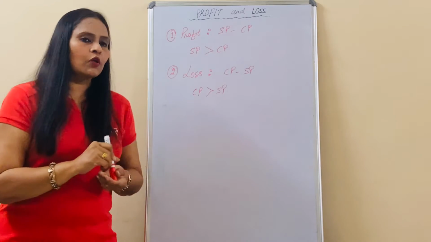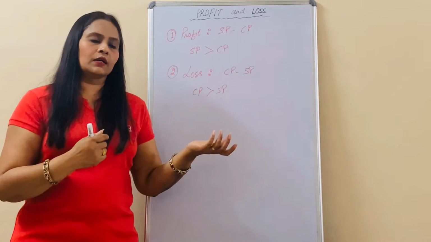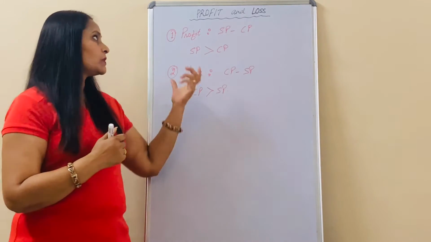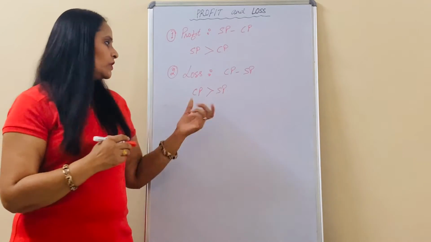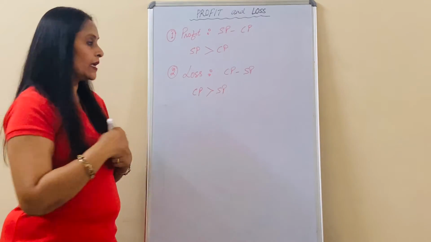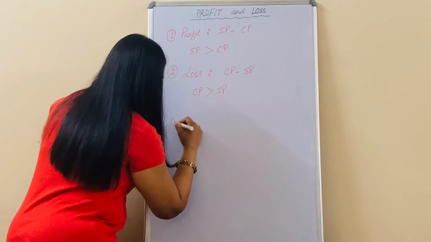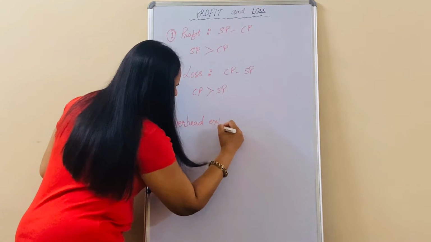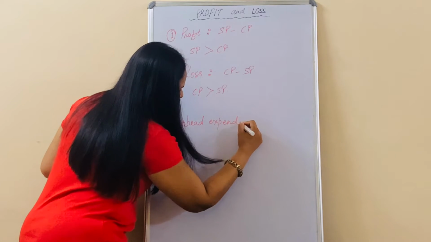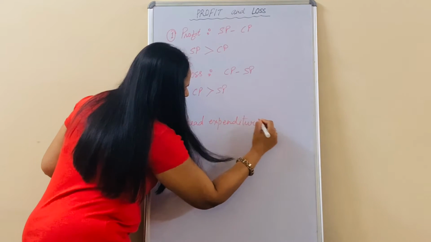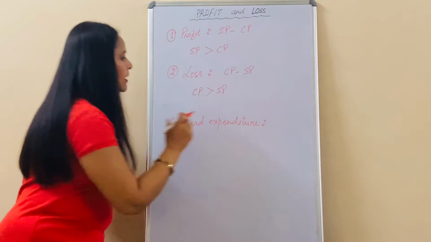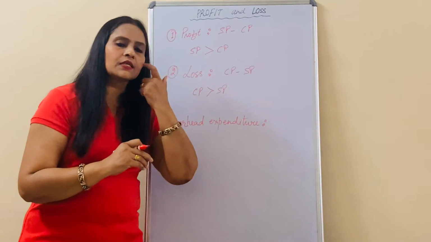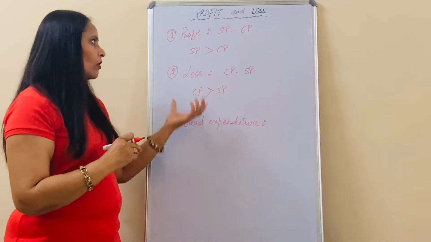Before solving the problems related to profit and loss, we should also know what are the overhead expenditures. These are the expenditures which a dealer faces while handling the goods.